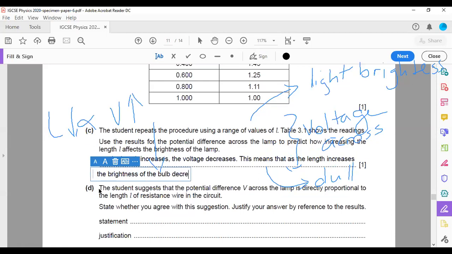Good? Because why? When L increases, your V decreases, or vice versa.